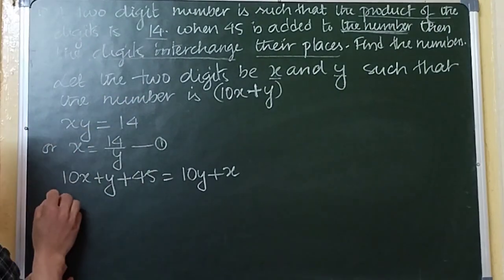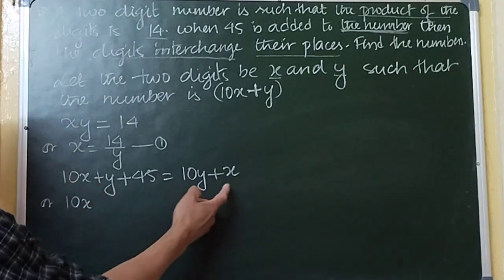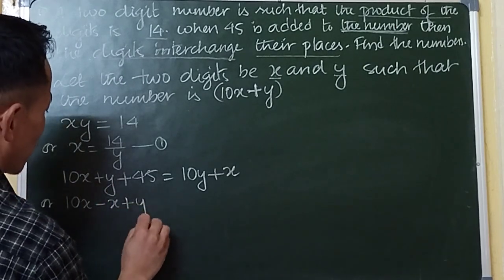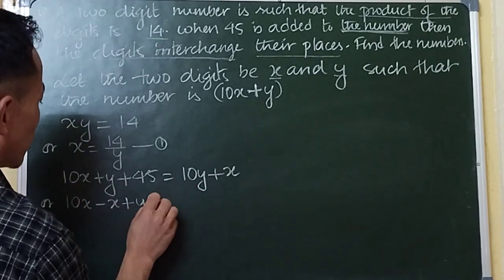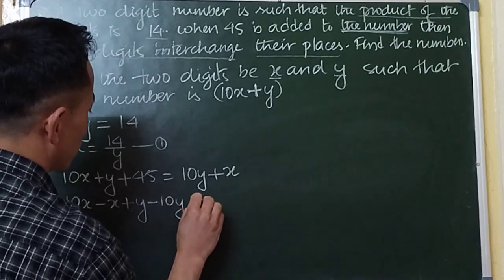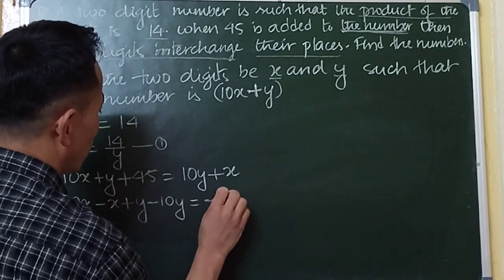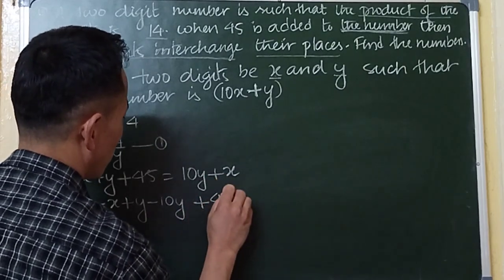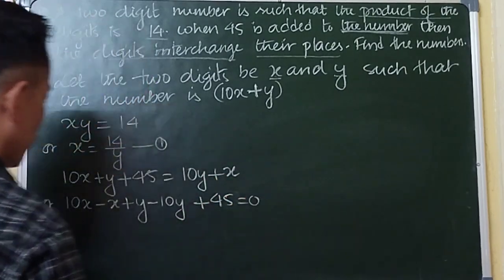So let's simplify this. So 10x, if you bring this x to the left hand side, this becomes minus x. We have plus y here. You bring 10y to the left hand side, it becomes minus 10y. This, if you take it to the other side, this becomes minus 45. Or let's, for the timing, let's keep it here itself. 45 equals to 0.